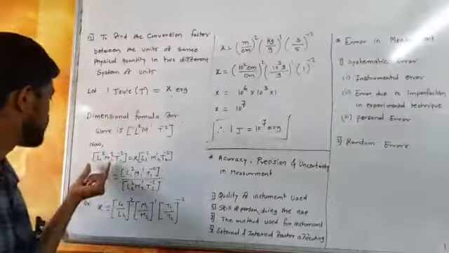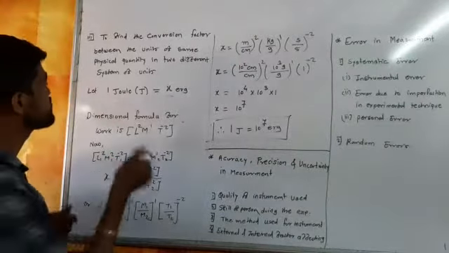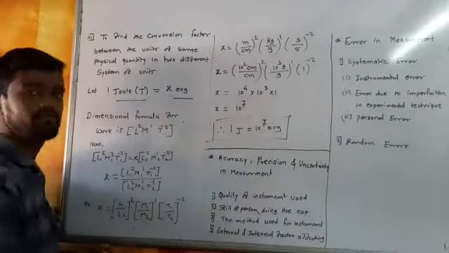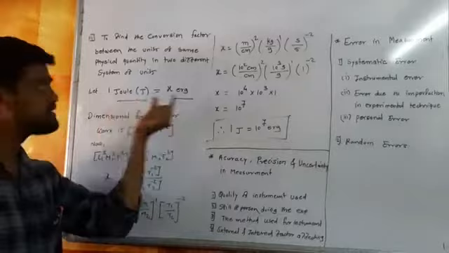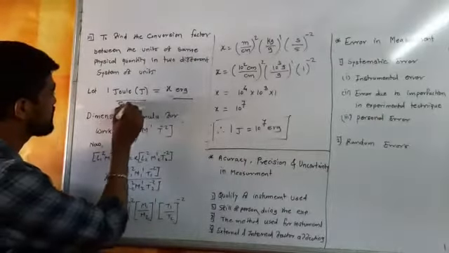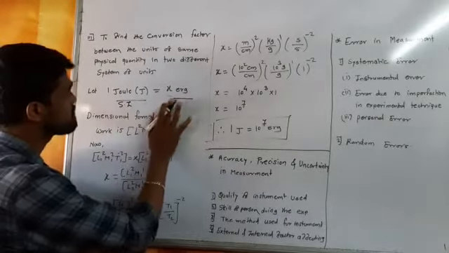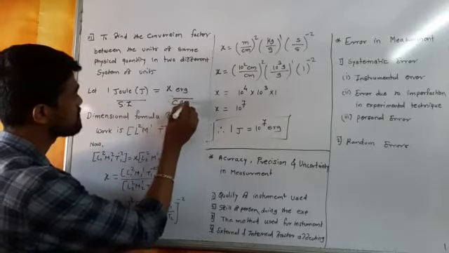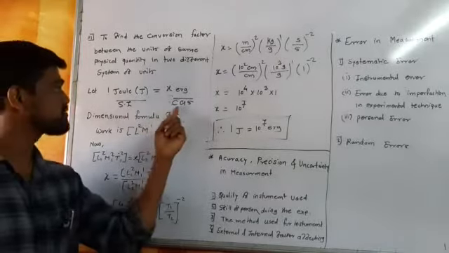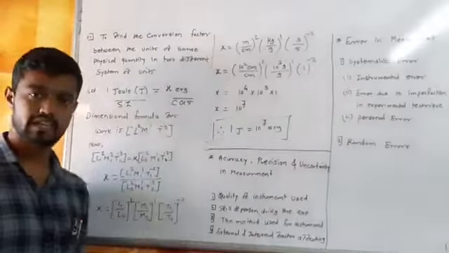Now put the values here and here. This is called the SI unit and this is called CGS. CGS means centimeter gram second system.